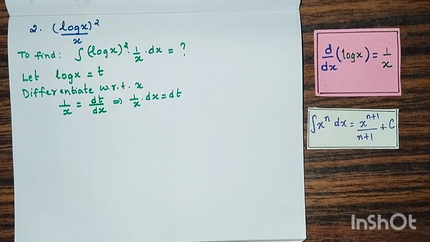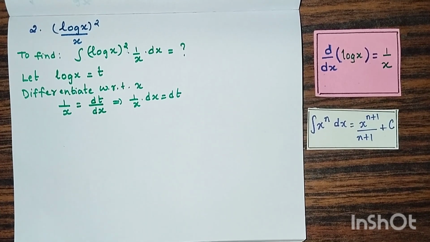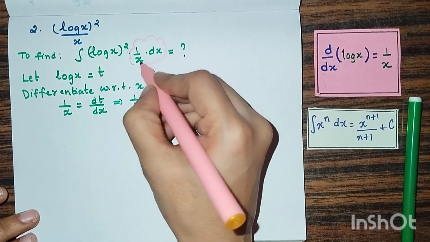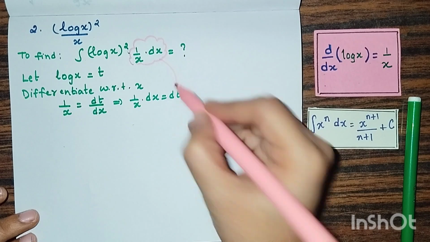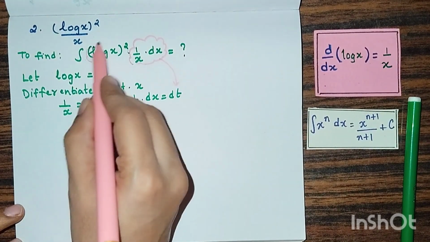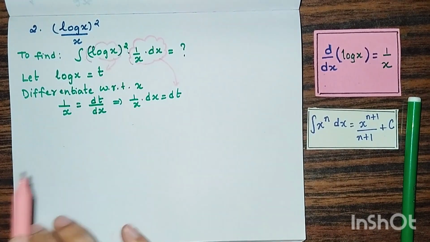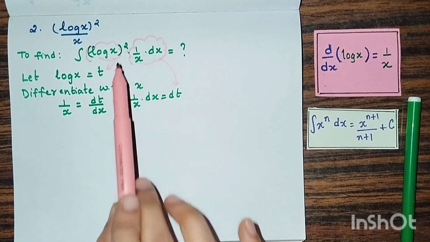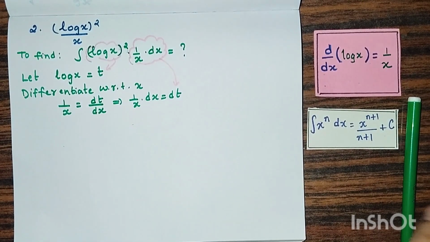Before proceeding, make sure that you have replaced all the functions with the variable t. That is, 1 by x dx is replaced with dt and log x is replaced with t. So now all the functions in the integrand are replaced with t.